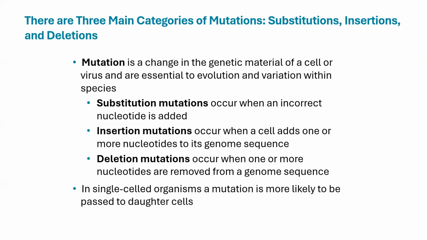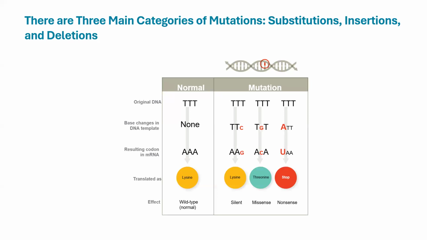So let's look at these a little bit further. All right, so here we have different options for what can happen with these mutations. So we can have silent mutations.